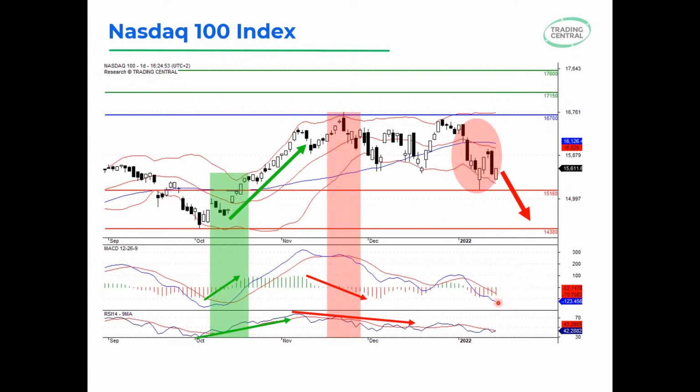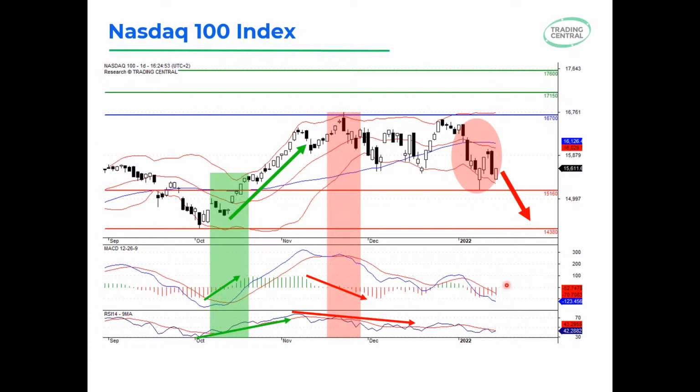What now? Now we are seeing the MACD still in the red, in negative region. I mean the histogram. Look at the histogram. It is still red. Okay, and the RSI is below the neutral level of 50.